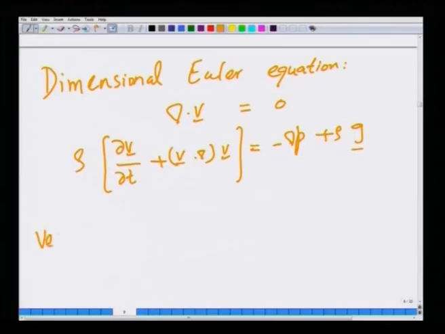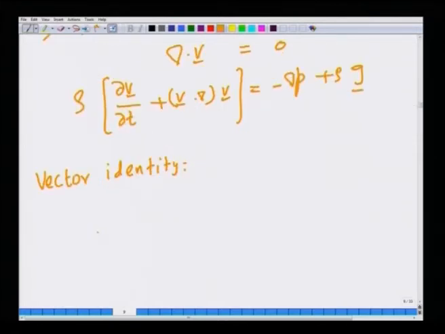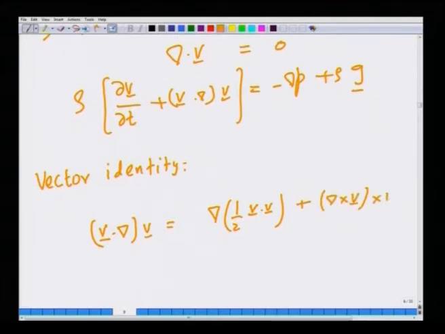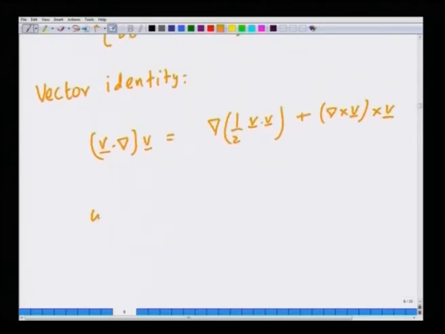We will use a vector identity to rewrite this equation. There is a standard vector identity that V dot gradient of V can be written as del of half V dot V plus del cross V cross V. Now, del cross V is the curl of the velocity vector, which is called the vorticity vector in fluid mechanics.